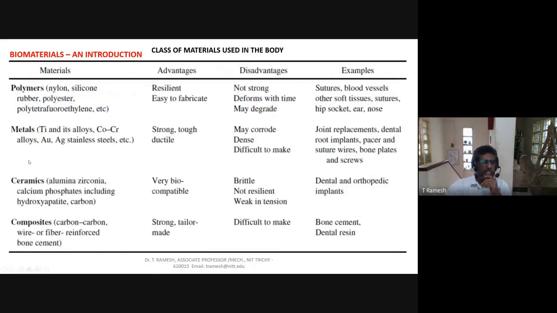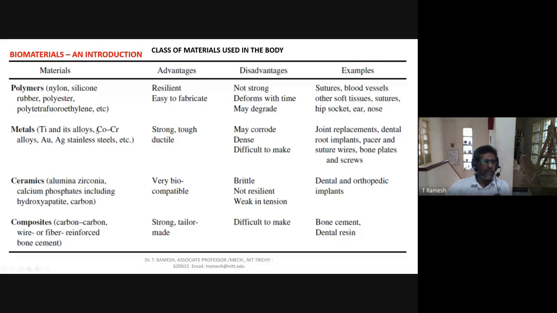One such limitation I want to quote here: when you use metals as a joint replacement, think about the tensile strength of titanium or of stainless steel. When you compare the tensile strength of bone and metals, you have a large deviation.